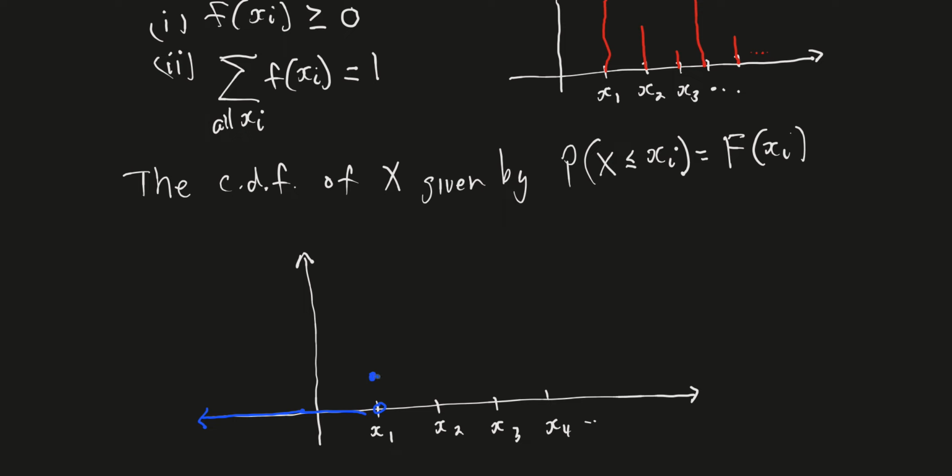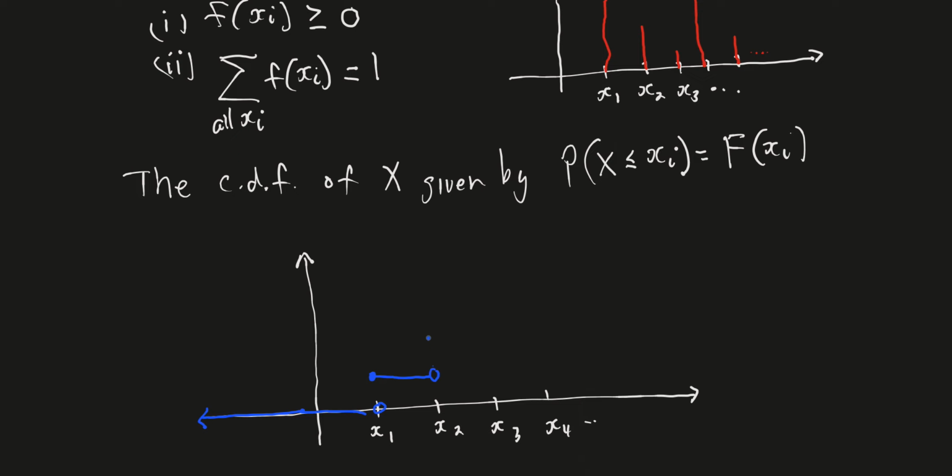And then it stays at that value until you get to the next possible value of x, and then it accumulates some more. So remember, that cumulative process keeps adding the probabilities of these possible values of x as you go further and further to the right on your number line.